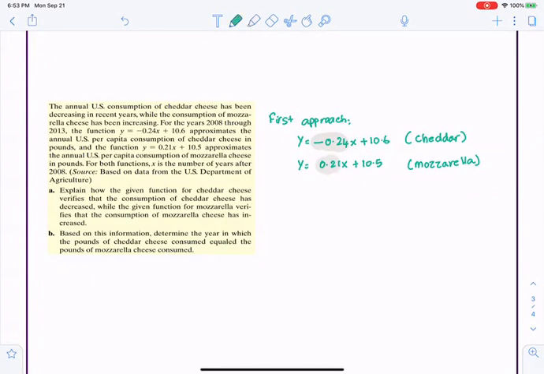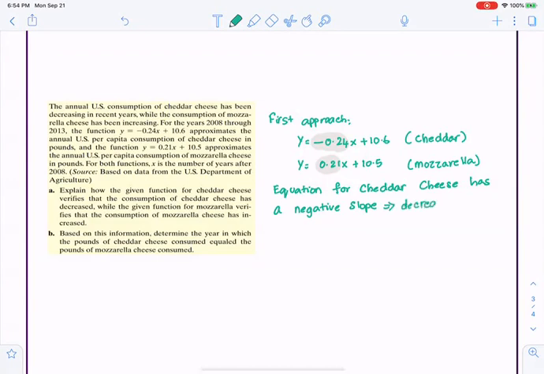So the equation for cheddar cheese has a negative slope, which would imply the line is decreasing, so the consumption is decreasing.